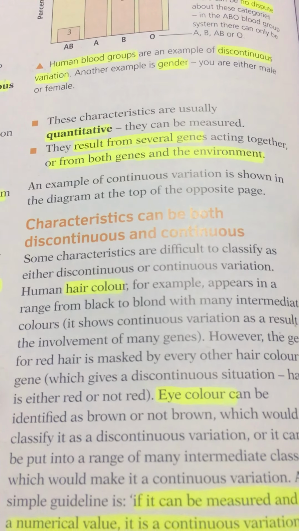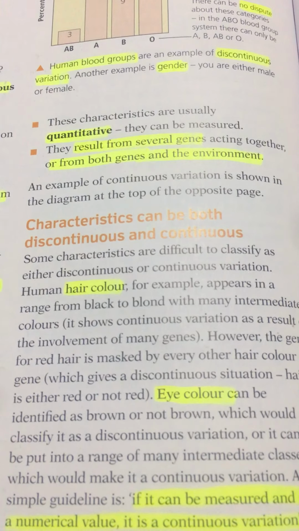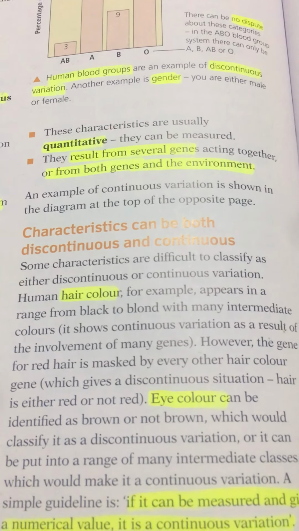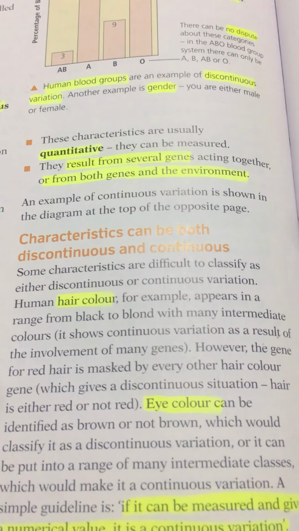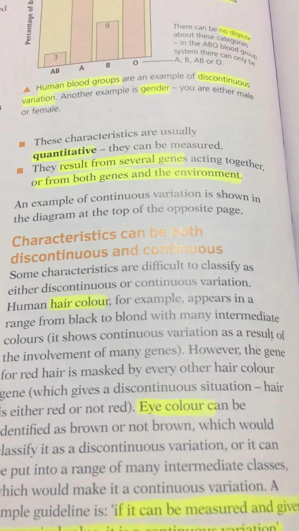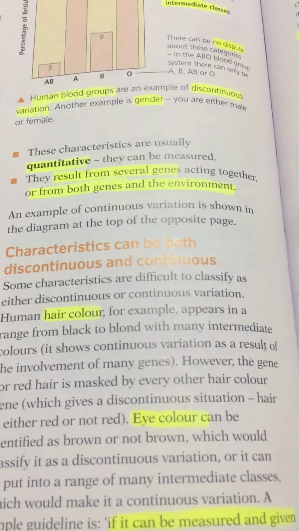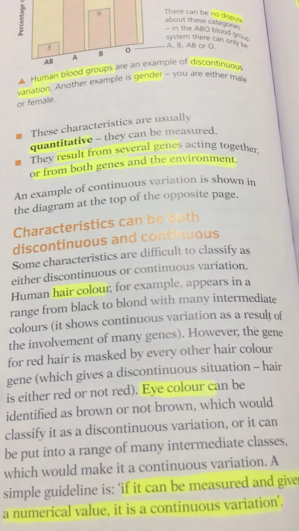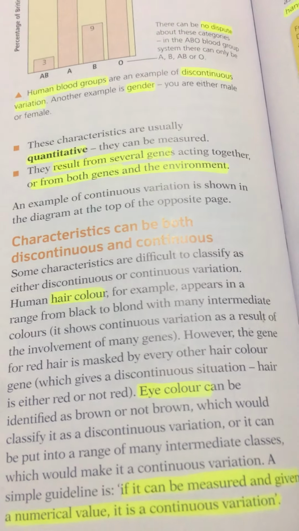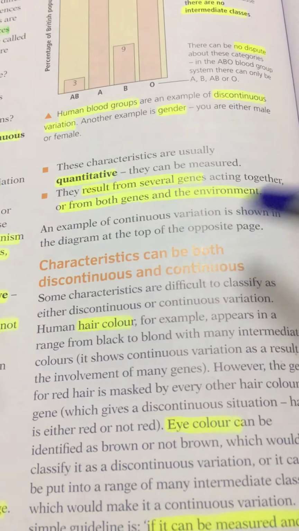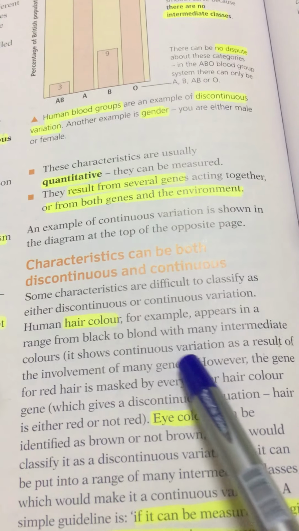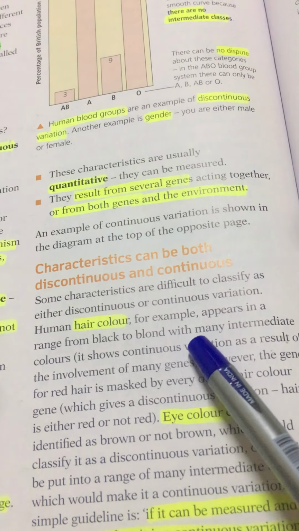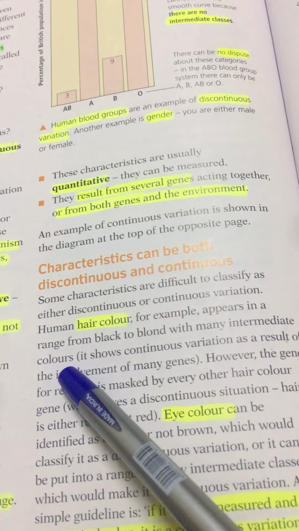You know that hair color appears in a range from black to blonde, with many intermediate colors. Because we have intermediate colors, here we have continuous variation. So we say that when we have intermediates, we are in continuous variation. So hair color can be continuous variation because it has a range of colors from black to blonde, with intermediate colors.